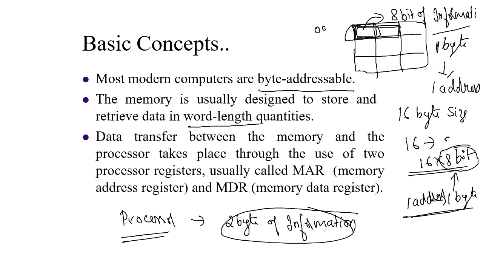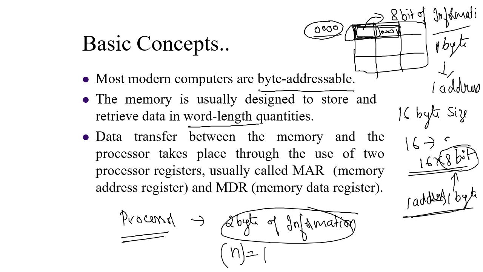If for example I consider the first address as 0000, when a processor wants to access 2 byte of information, in that case the processor need not specify the address corresponding to the next location, that is 0001. The word length we denote as n.